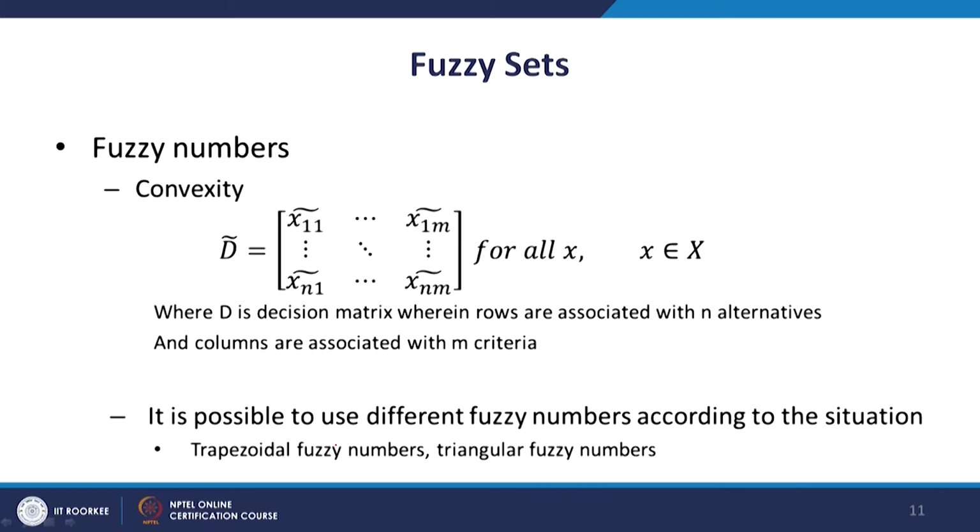If for all these x elements belonging to capital X, we can derive these tilde versions of these elements and define our decision matrix, then that satisfies the condition of convexity.